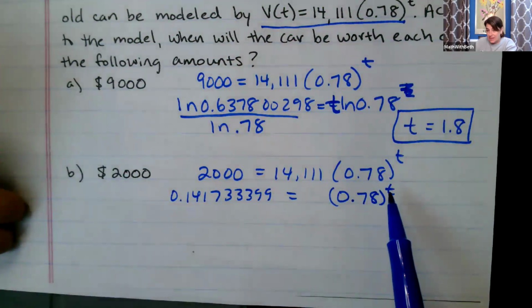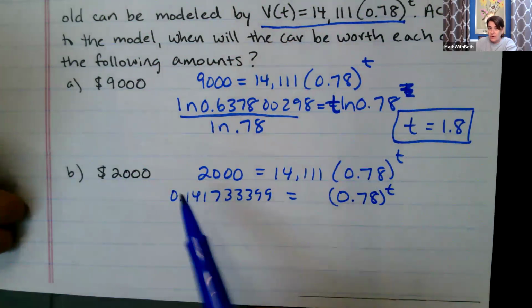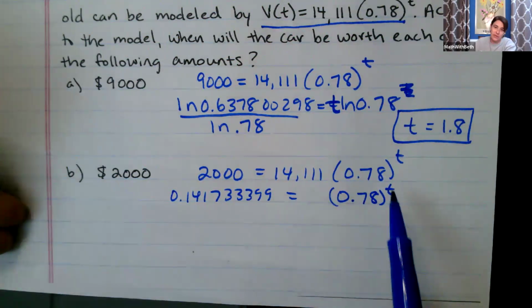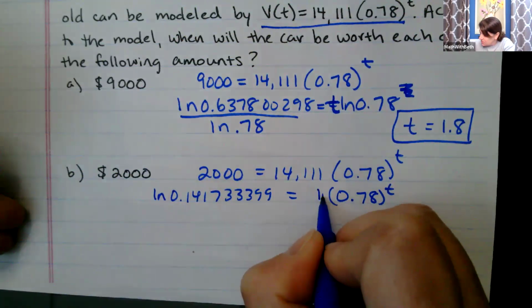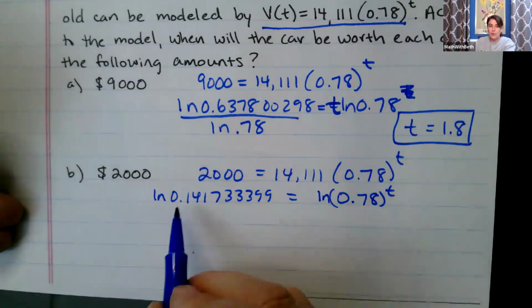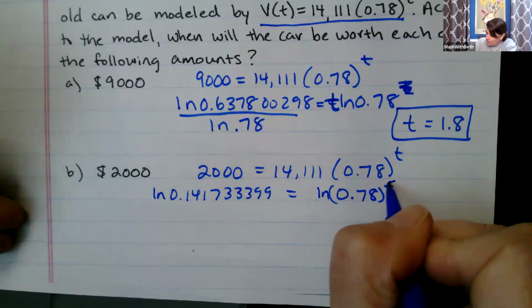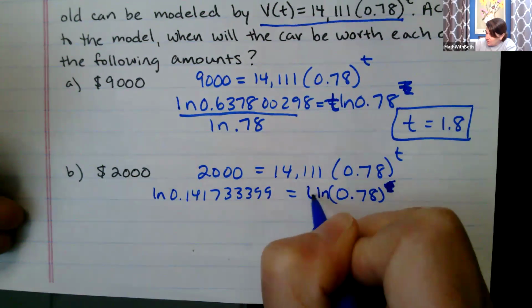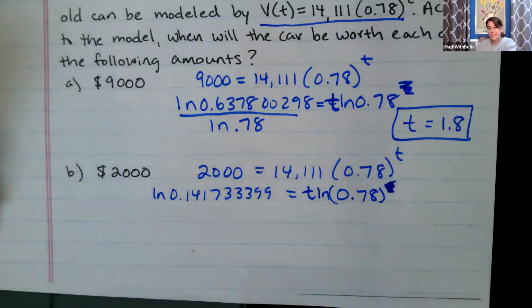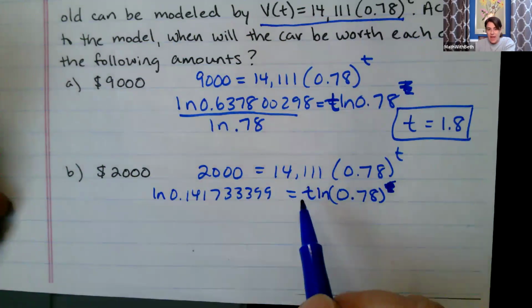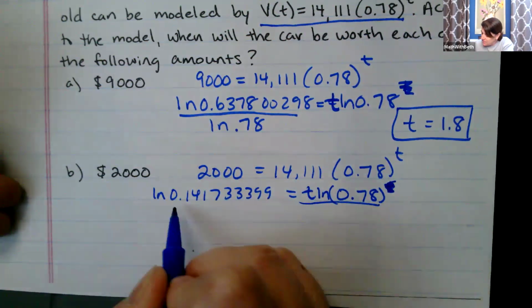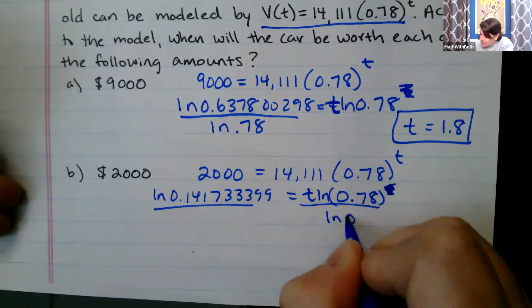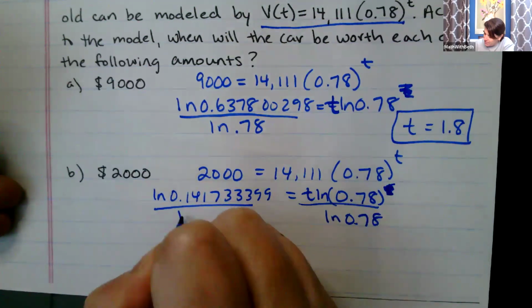So again, if it's the exponent you're trying to bring down, we want a log involved so that we can just bring that out front. So the easiest log to use is just to do ln of both sides. So now we can bring that exponent in front. So now to get that t by itself, we're just going to divide both sides by that ln 0.78.